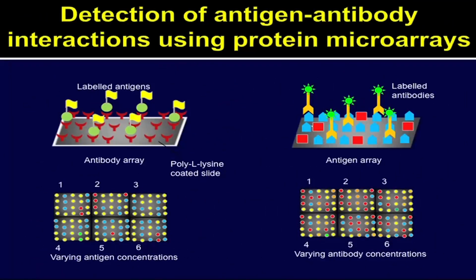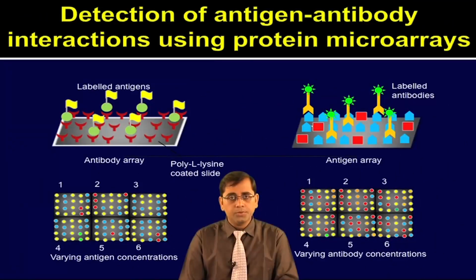Case study 3: detection of antigen-antibody interaction at various concentrations using antigen and antibody microarrays, a study performed by Haab et al. In this study, authors used protein microarrays to measure the abundance of many specific proteins in complex solutions.